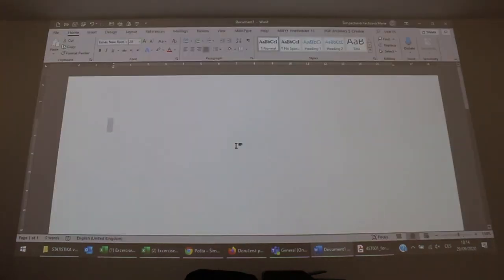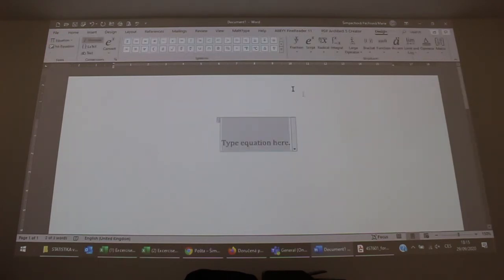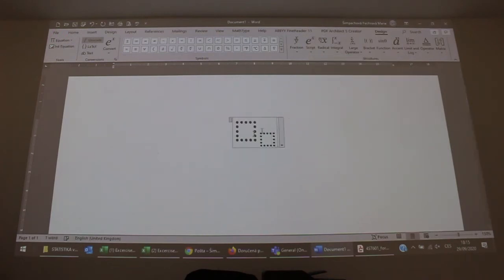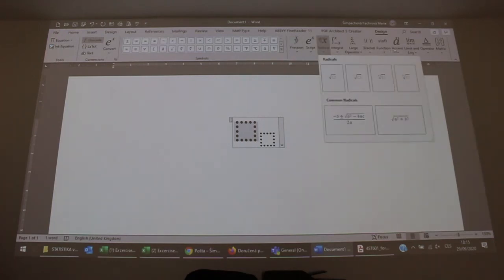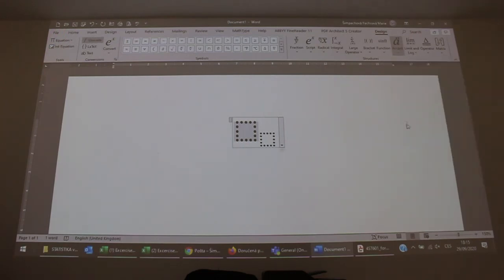I will open a document. I will use a larger font and insert equation. I will use script, this one, and I will use accent, this one.